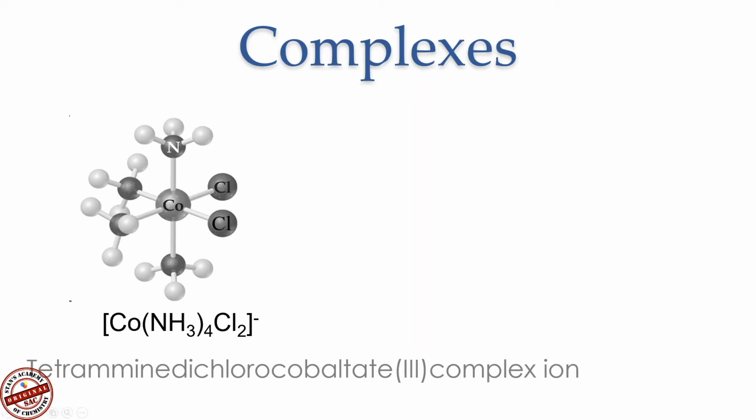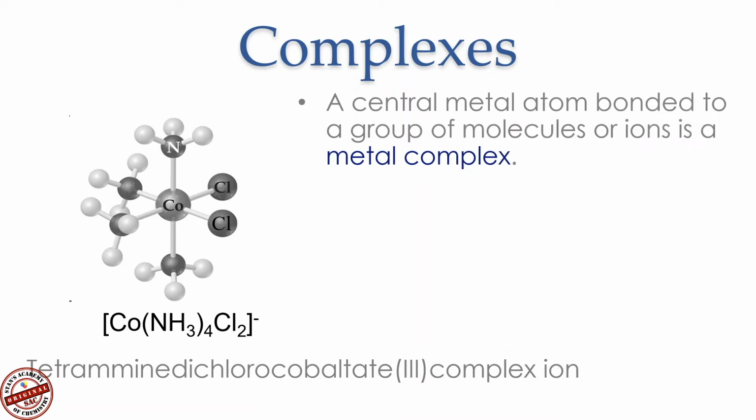You will notice that this is a negative complex ion. Whenever you see negative complex ions, the metal name ends in -ate, and the III here represents the oxidation state of cobalt. So this is a structural representation of a complex with a name, which we will try to name later. The central metal atom bonded to groups of molecules or ions is what we refer to as a metal complex.